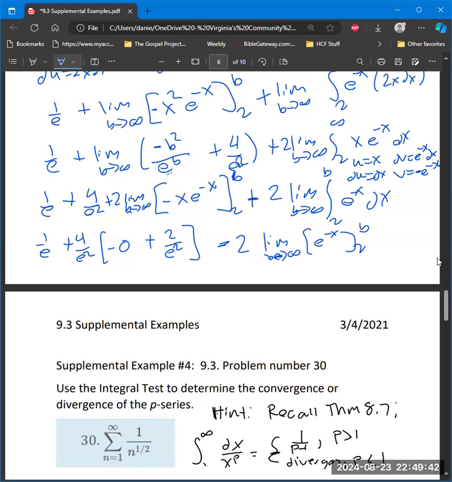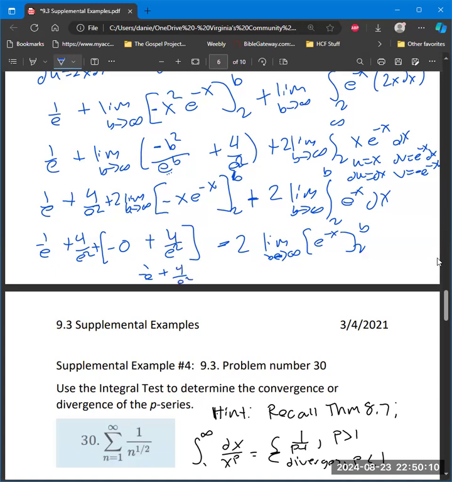So this is going to be 1 over e plus 8 over e squared, should be a 4 over e squared.